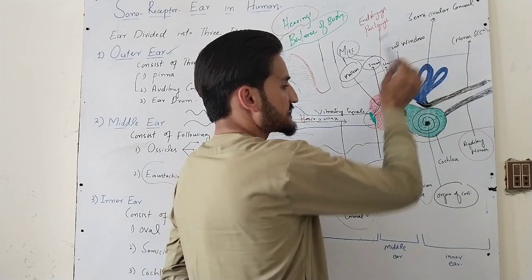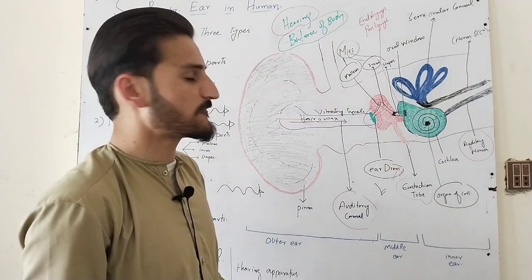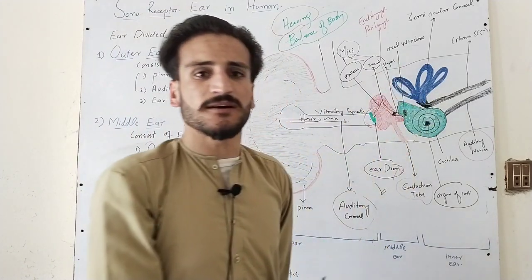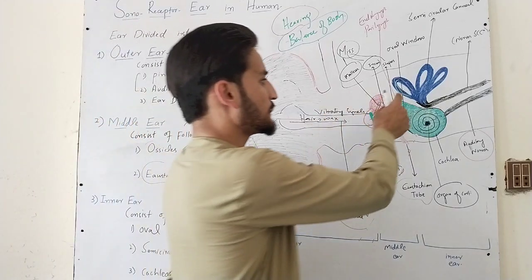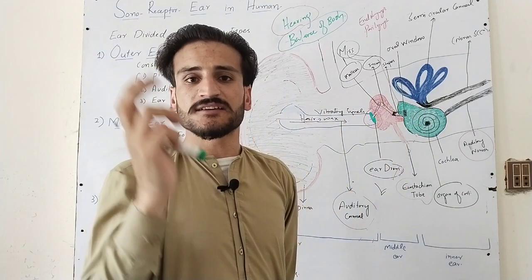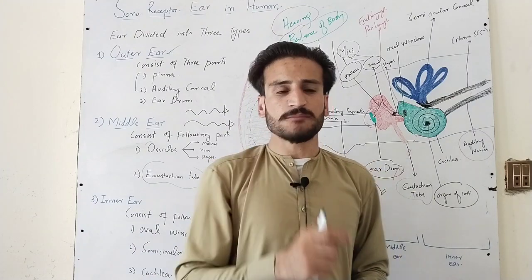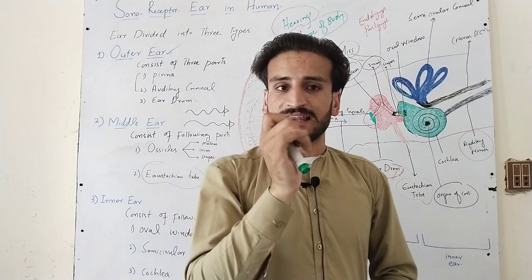This fluid is responsible for the balance of the body. If we bend the head, this fluid also travels to the bending region. So the endolymph and perilymph in the semicircular canal are responsible for balancing the body.